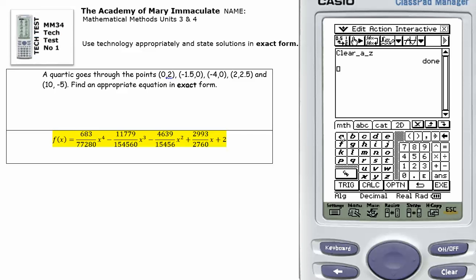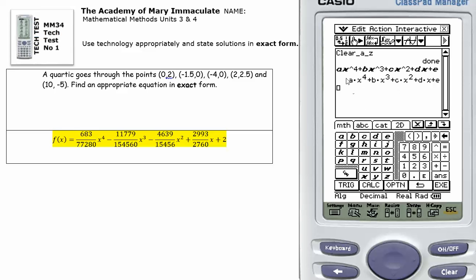Okay, I'm going to define, and I'm going to bring up my variables. a x to the power of 4 plus b x to the power of 3 plus c x to the power of 2 plus dx plus e.